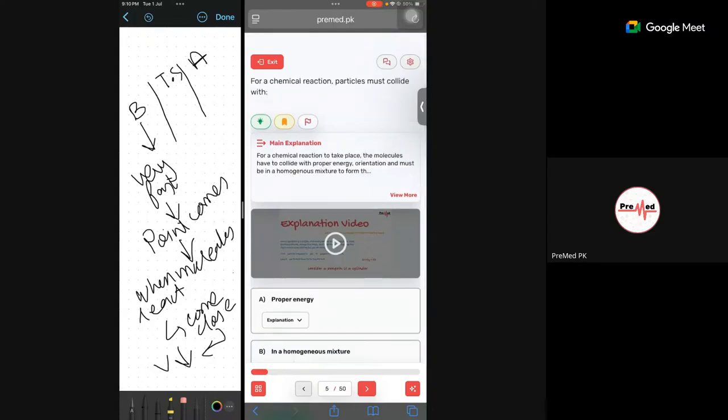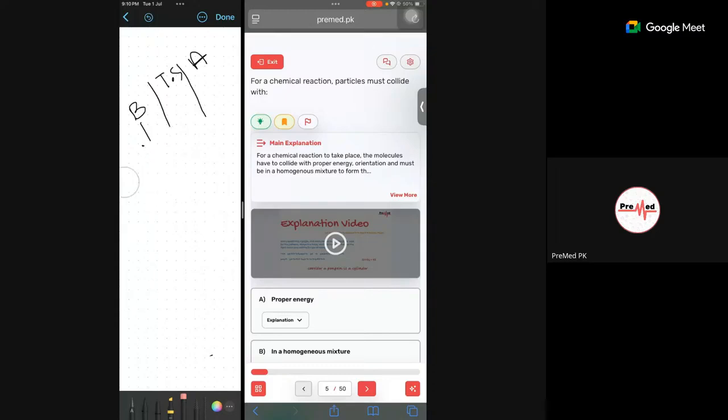Next we have: for a chemical reaction, particles must collide with. Well, whenever a chemical reaction is going on, we have some important things to discuss. In this MCQ, particles must collide with, it means there's some kind of collision.